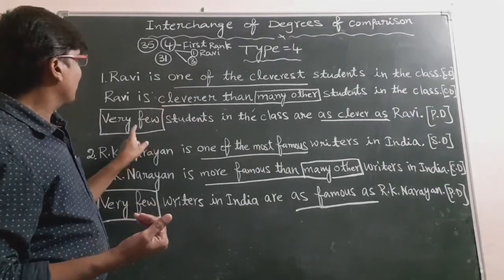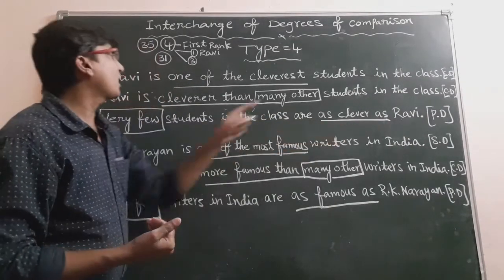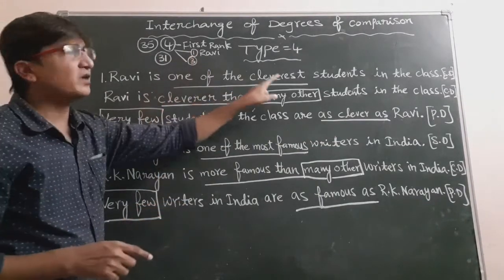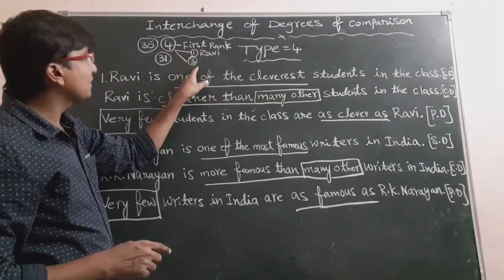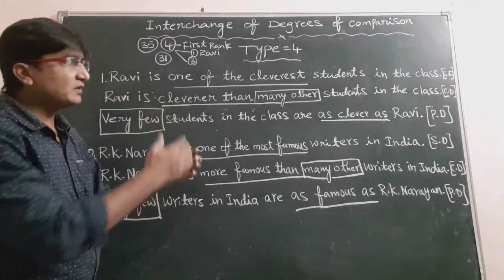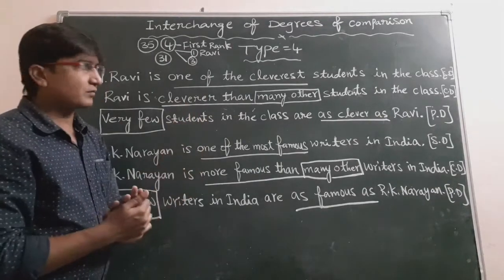So that's why very few students in the class are as clever as Ravi. Because these 4 are the cleverest students and these 3 are as clever as Ravi. So in this way we need to understand this type 4.